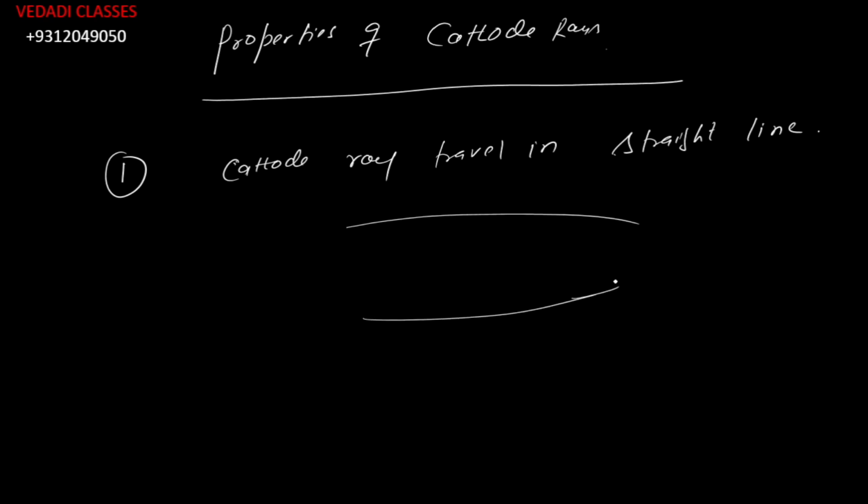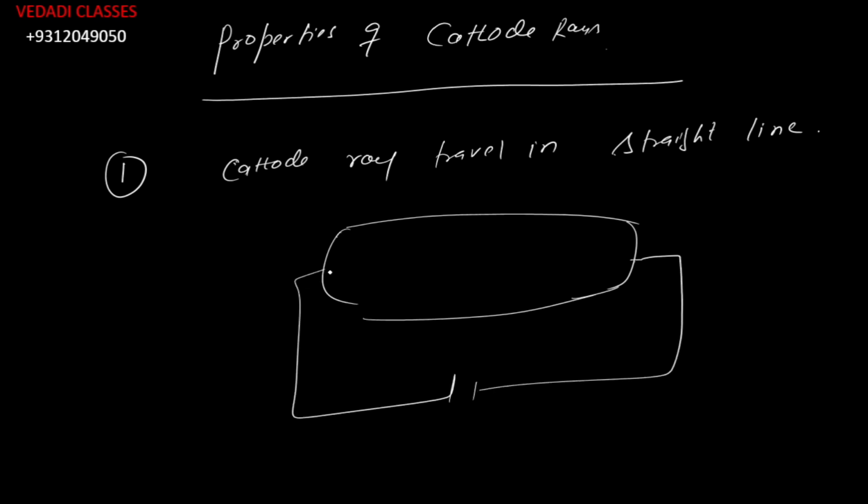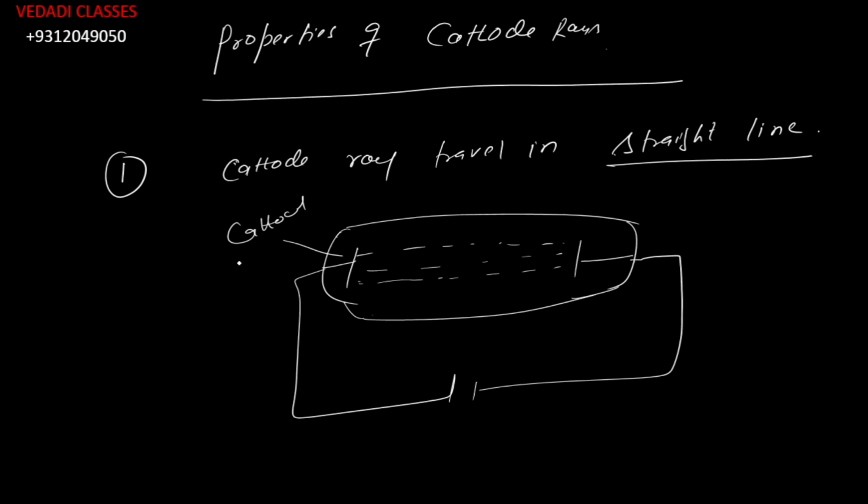This is the discharge tube you have taken, this is the cathode, and this is anode, and all the conditions are as before: 10,000 volt, and the pressure reduced to 10 power minus 2 atm. Then from cathode, the electrons move toward this side and strike on the wall of the discharge tube. So how do you prove that it travels in a straight line?